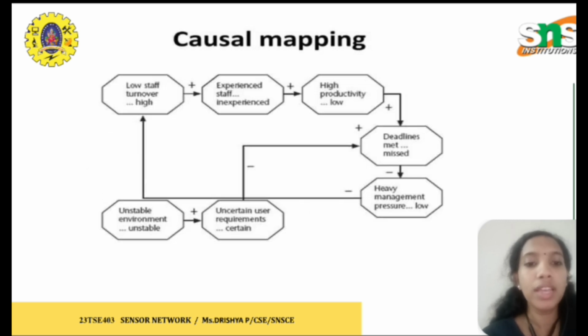Here is an example of causal mapping: low staff, where we need staff and how they can work, then heavy management, uncertain users, unstable environment, everything connected with different values. This is one example of causal mapping.